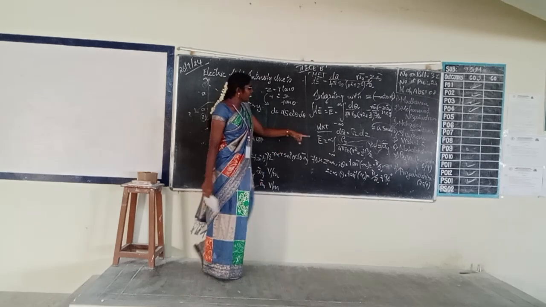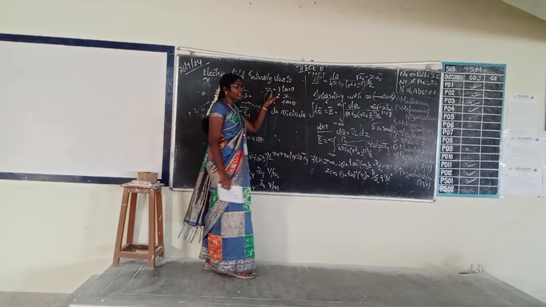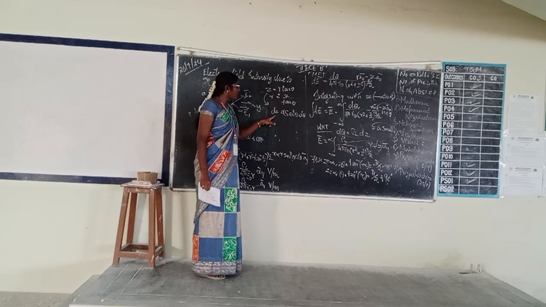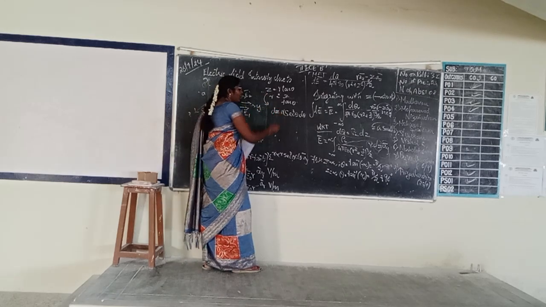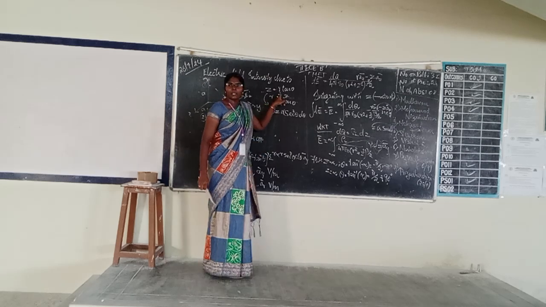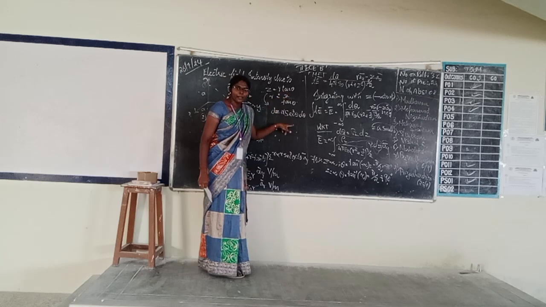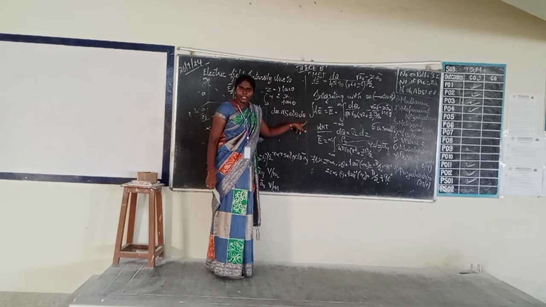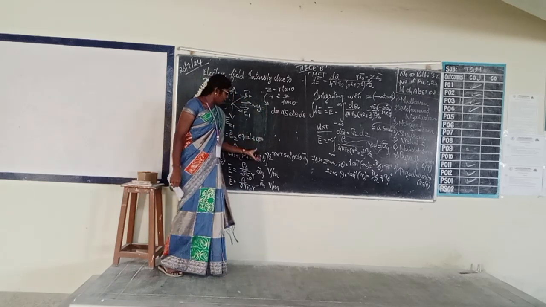So I am going to differentiate it, dz. Dz will be equal to r, which we can't differentiate because it is a distance and it is constant. If you differentiate tan theta, it will be secant square theta d theta. Now we are going to substitute these things in the formula.